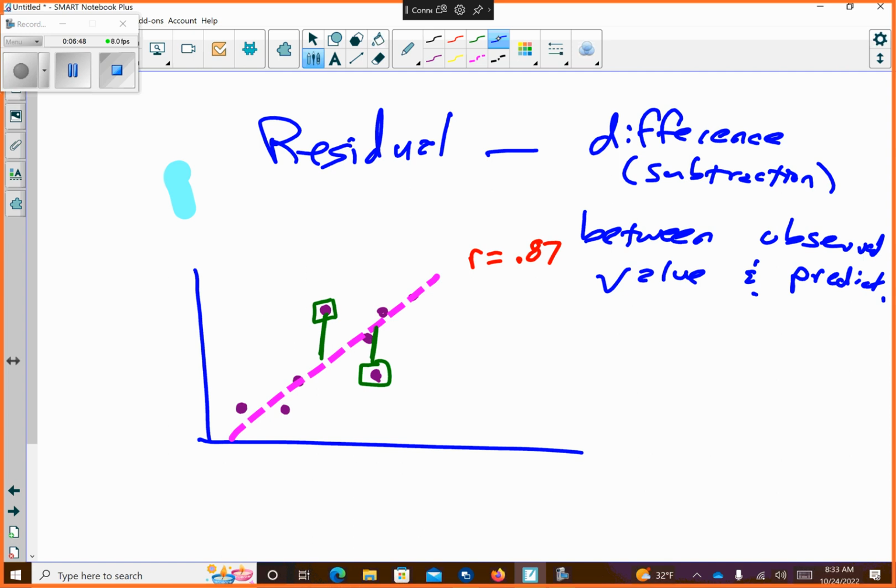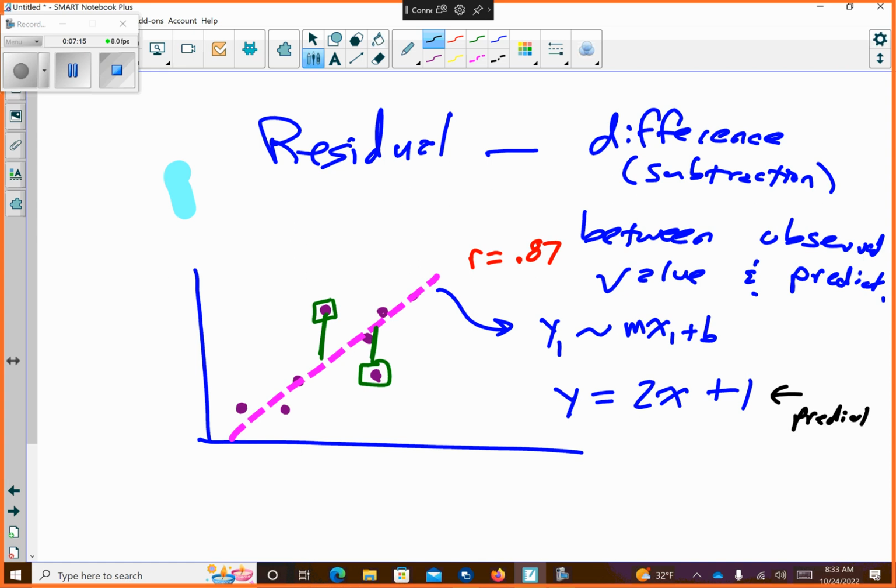Okay. So, on our line of best fit, remember on Desmos, let's just say this line of best fit came out to be something like 2x plus 1. We could use this to predict values. But let's say I picked this point right here, the point where x is 3.